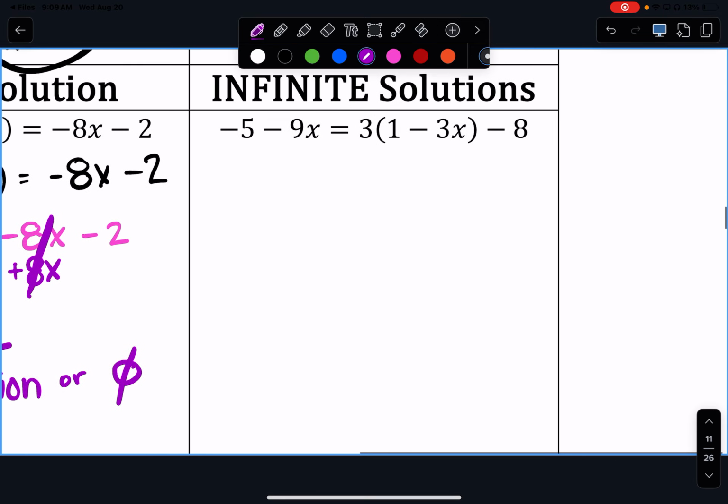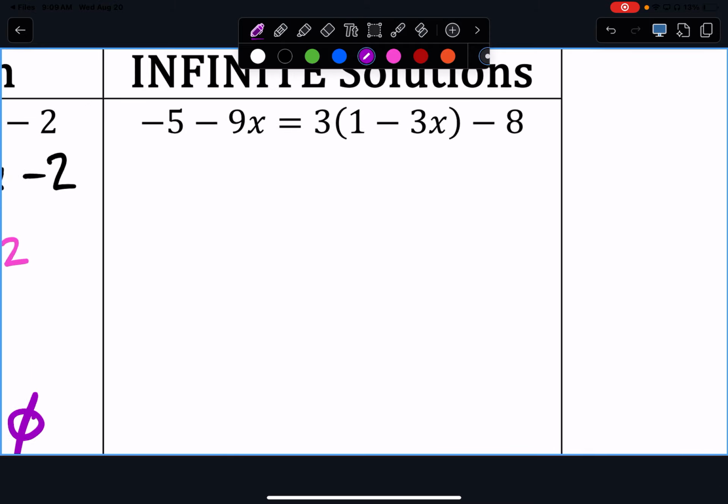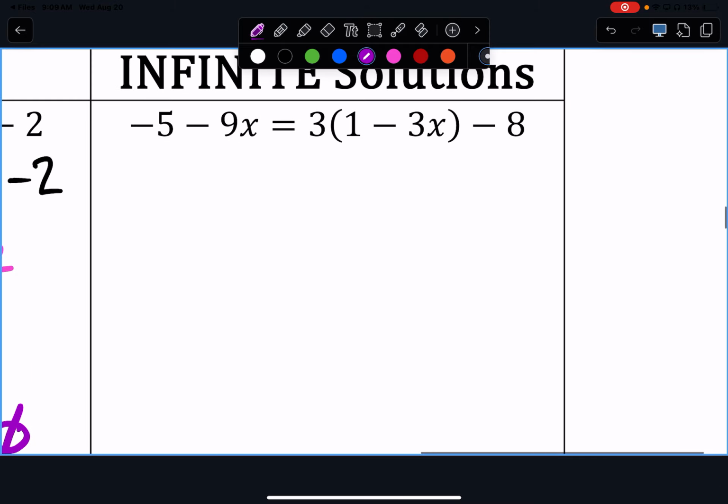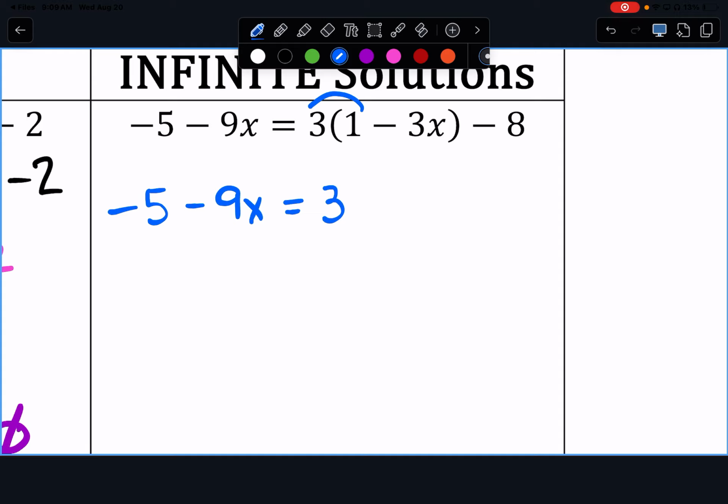Okay, now, when we look at this, what do I need to do to the left-hand side of it? Just bring it down. Okay, but for the right side, I need to do what? Distribute. So 3 times 1 is? 3 times negative 3x is?